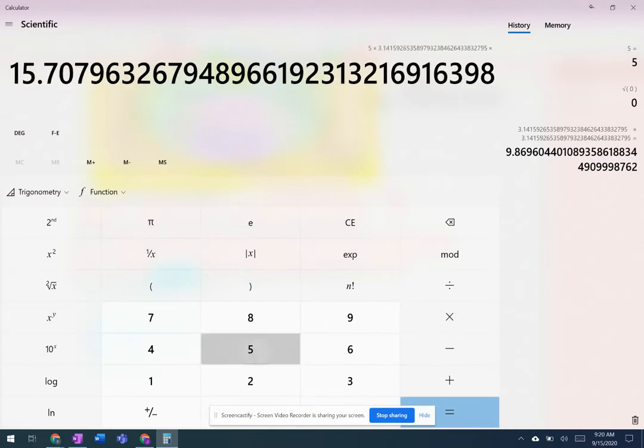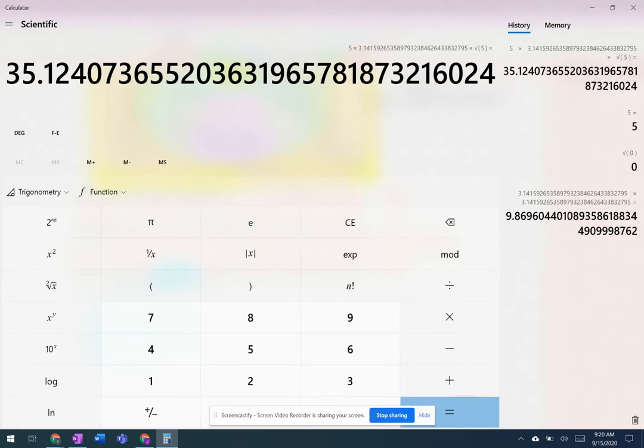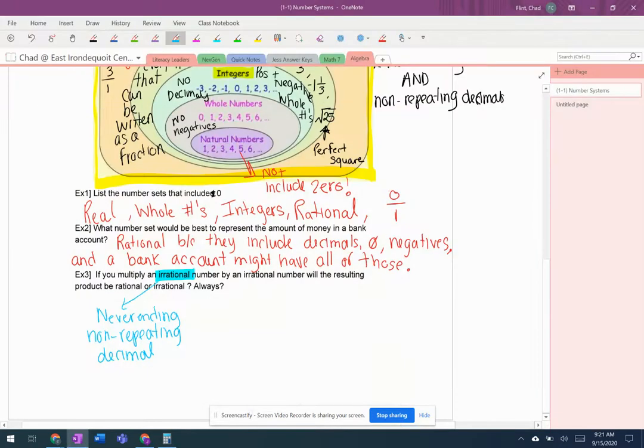I don't even know if that worked or did anything. But either way, you can see that I'm still ending up with a never-ending, non-repeating decimal. Okay, so we tried pi times pi, and that gave us irrational. We tried pi times the square root of 5, which gave us irrational.